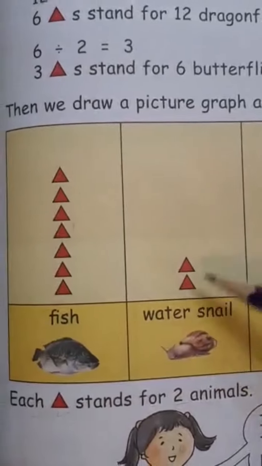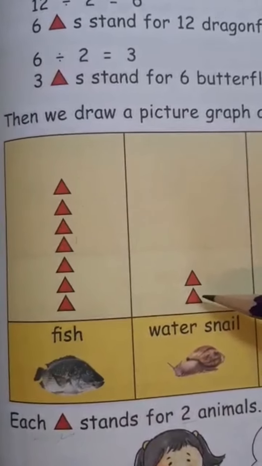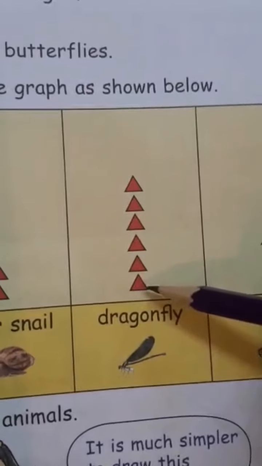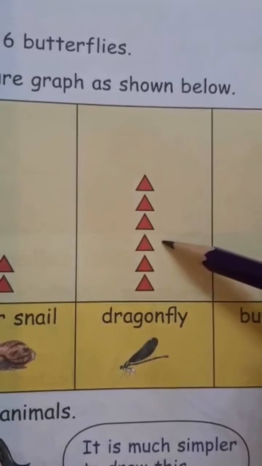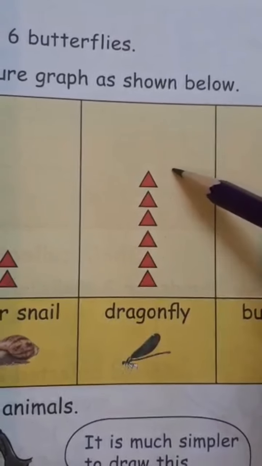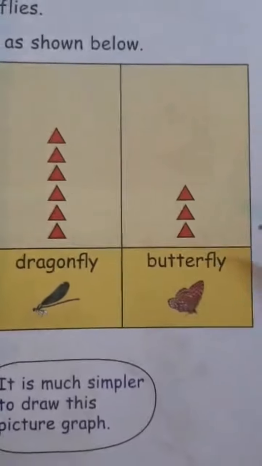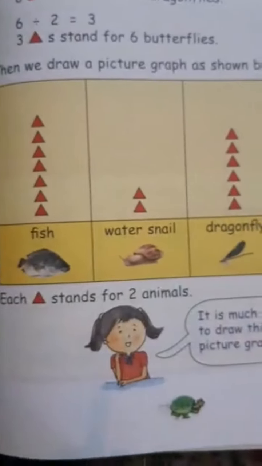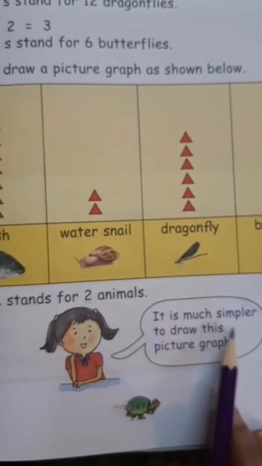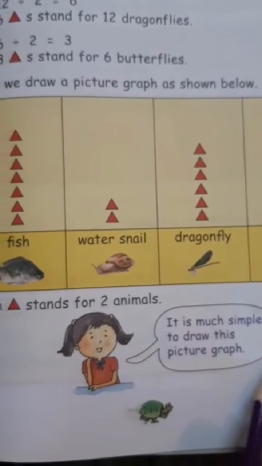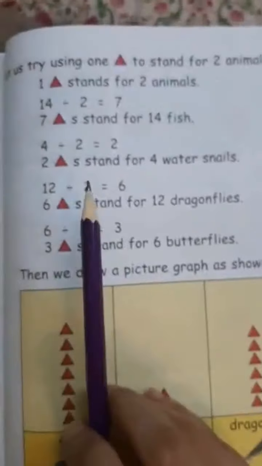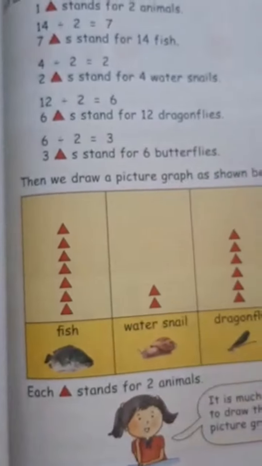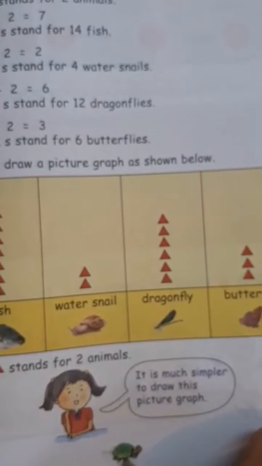The water snail, count with me, counting by 2's, 2, 4. Dragonfly, 2, 4, 6, 8, 10, 12. Butterfly, 2, 4, 6. Now she says it is much simpler to draw this picture graph. So when we decide on something like a scale, that makes our graphs simpler and even shorter.